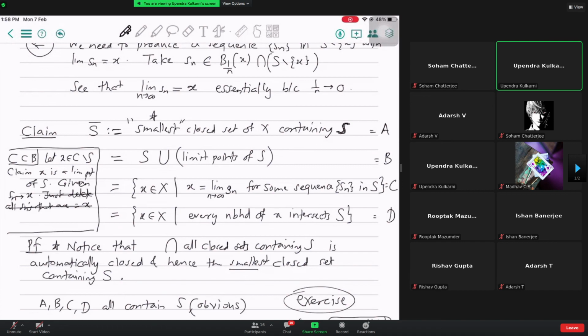Given Sn in S, the same. Why would this sequence be wrong? The only reason why this sequence would be wrong would be if some of the Sns were X. But X is not in S, and all the Sns are in S. How can two of them be the same?